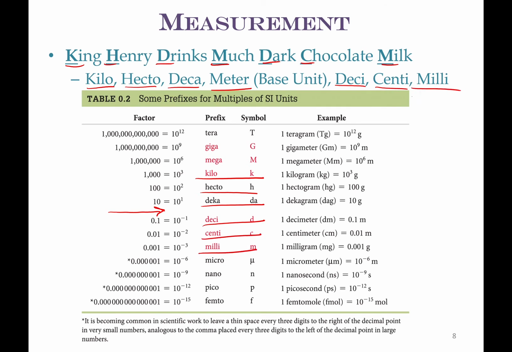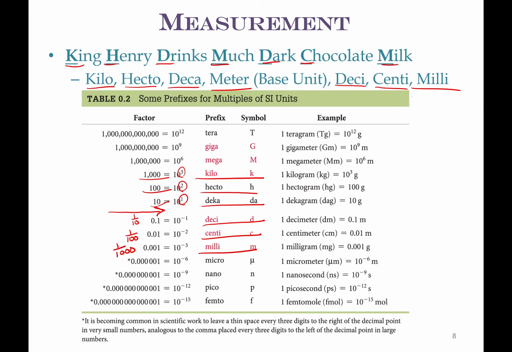Now, these are all powers of 10. So if you look here, it's 10 to the third, 10 to the second, 10 to the first. That means this is 10, this is 100, this is 1,000. This is 1/10, this is 1/100th, and this is 1/1,000th.